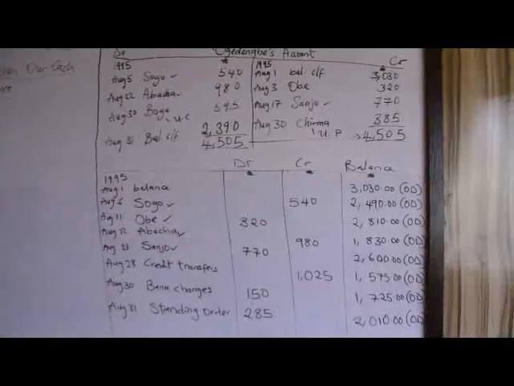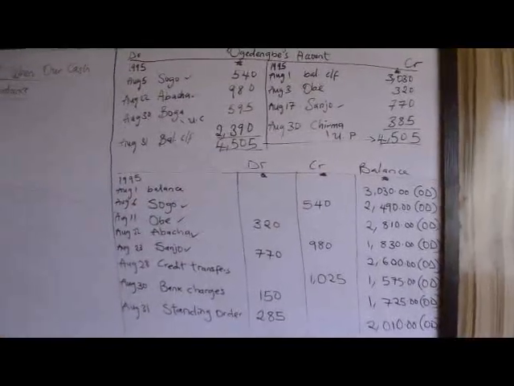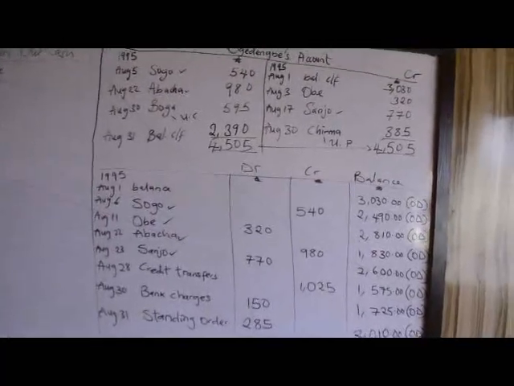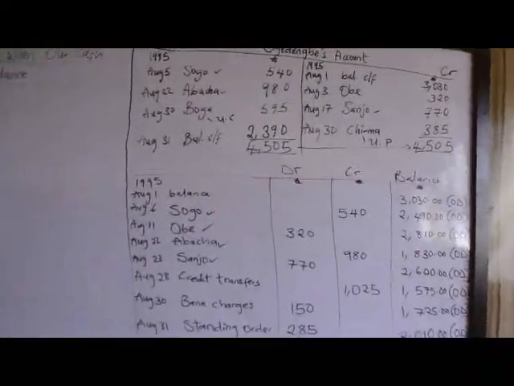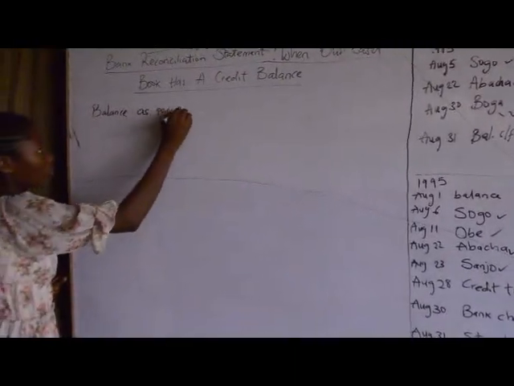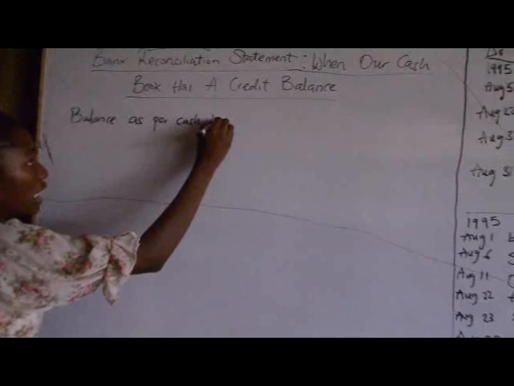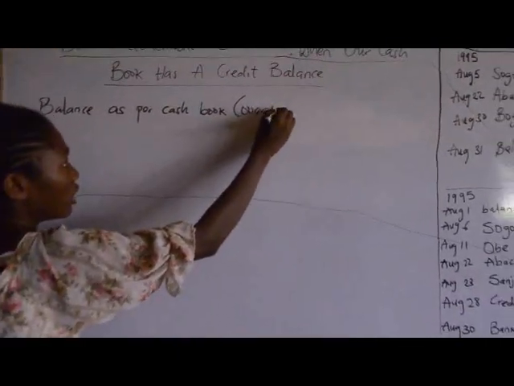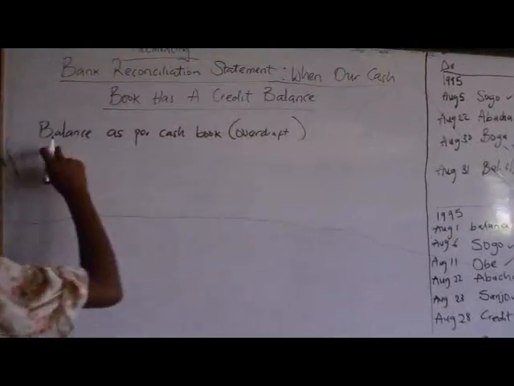So we're going to be using the format for balance as per cash book. I'll be starting with balance as per cash book, okay? And in this case, our balance is what? An overdraft. Or some people can say overdraft as per cash book.